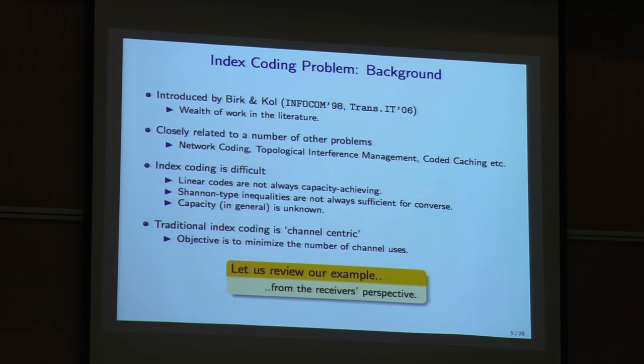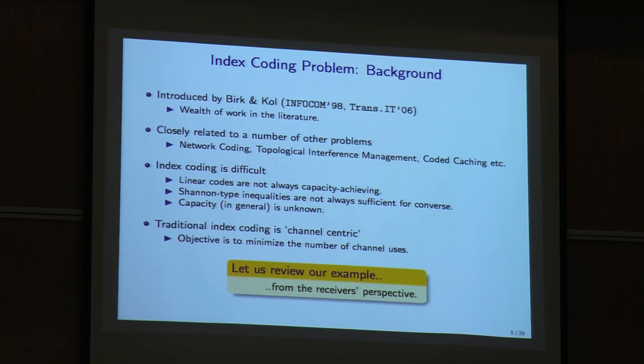And the usual information theoretic inequalities, what people call Shannon type inequalities, are not enough to prove converses. If you want to prove a matching converse, sometimes you need inequalities known as non-Shannon type inequalities, which we don't understand too well.